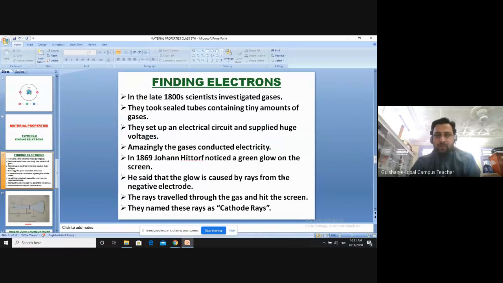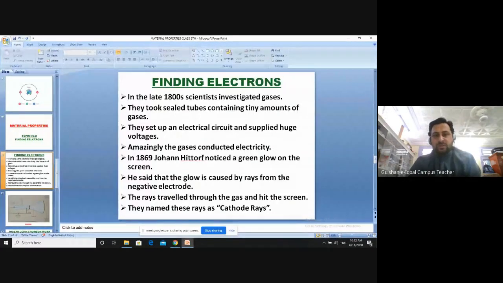Then they set up electrical circuits and supplied a huge current and huge voltage to that tube. Amazingly, they saw that the gases conducted electricity.